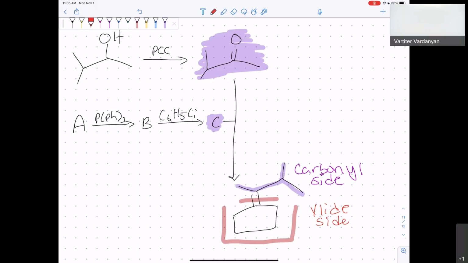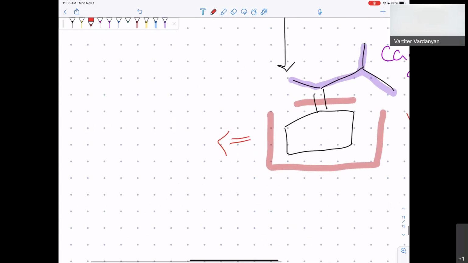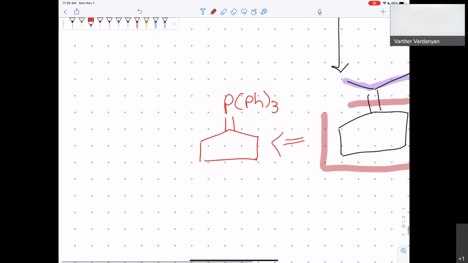So now let's work backwards. I'm going to zoom in at the bottom here. If we go backwards, we know that the halide, before it turns into the product, looks like this. And then if we go backwards again, we know that where that double bonded PPh3 was, there had to be some halogen.